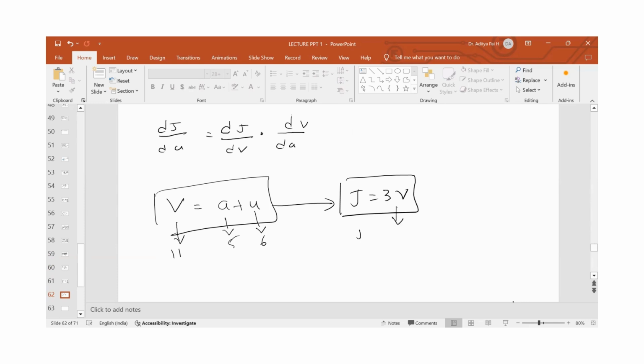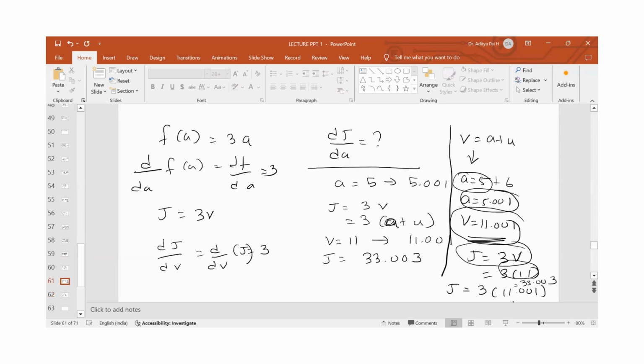So here J is nothing but 33. Now, if my A value is changed from 5 to 5.001, this will become 11.001. Once this becomes 11.001, it will become 3 into 11.001, which is equal to 33.003.